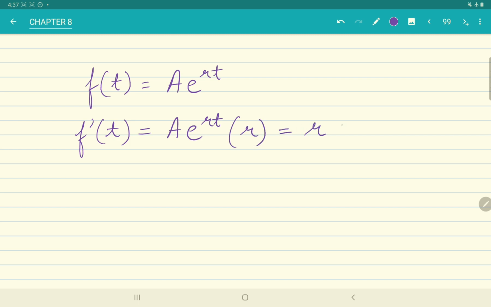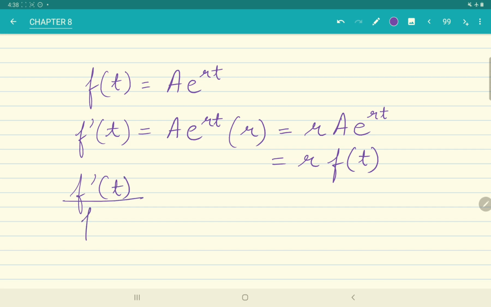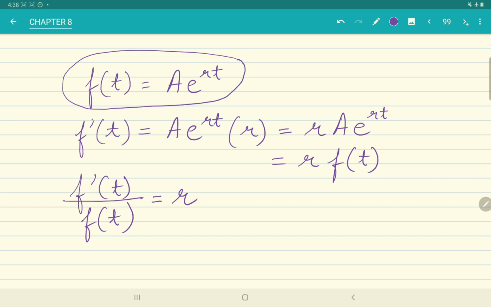That means it is r a e raised to the power rt, and that means it is equal to r f of t. So f prime t by f of t, which is the relative rate of increase of the stock at time t, is equal to the constant r.